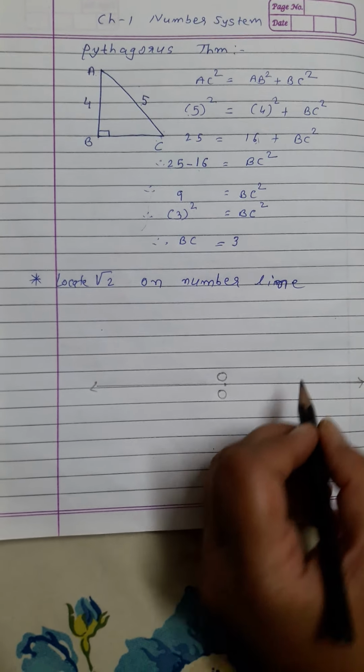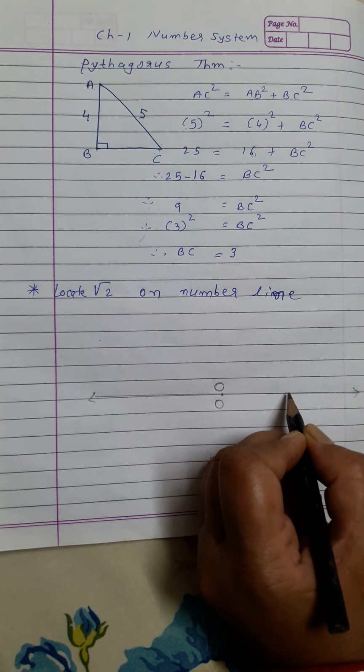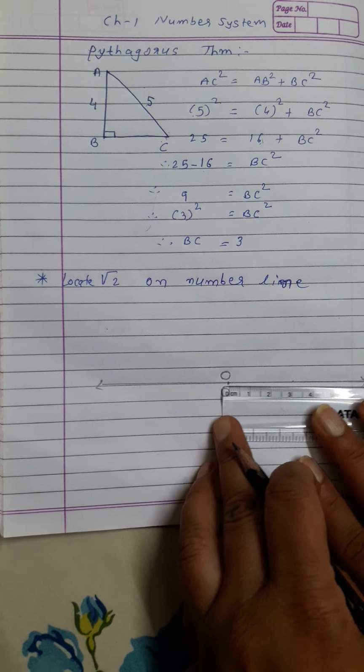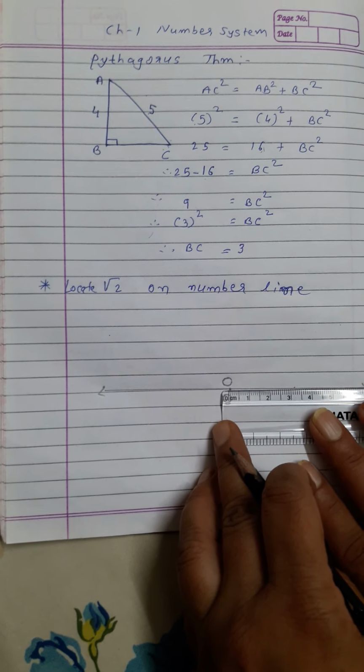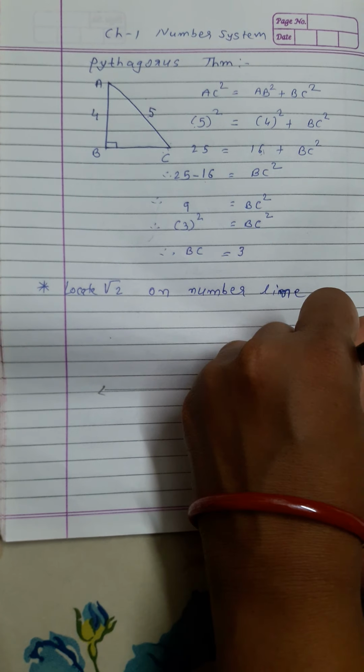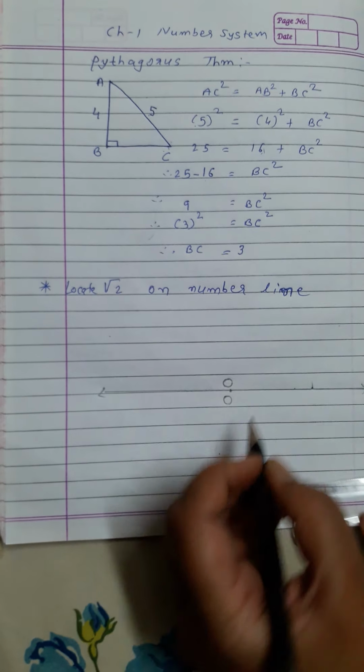Here we are taking 4 centimeter equal to 1 unit.